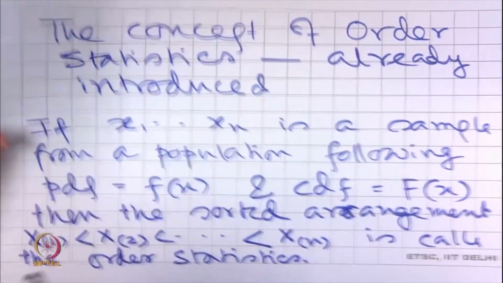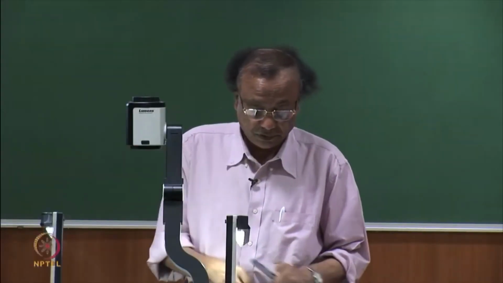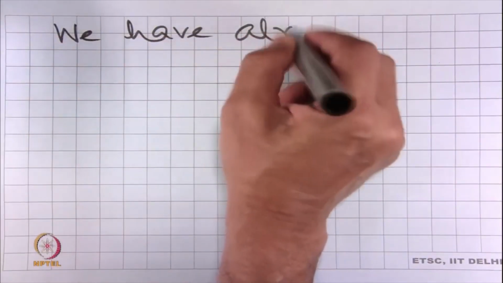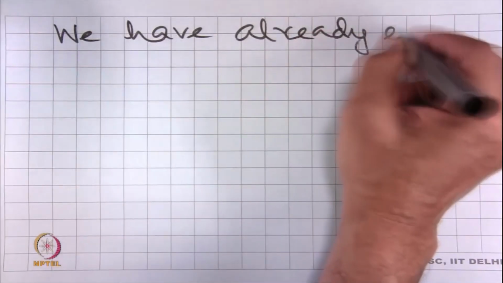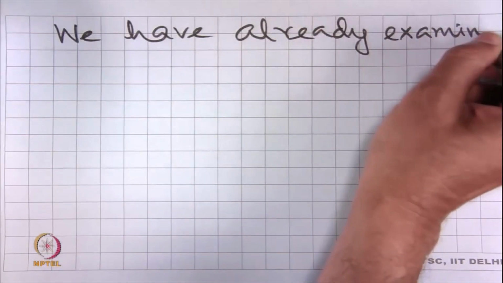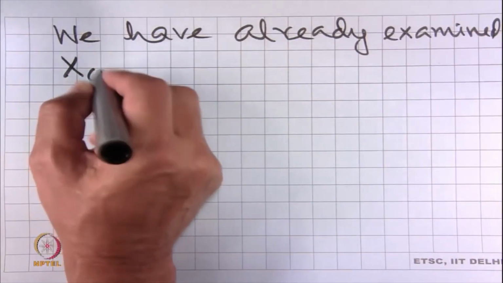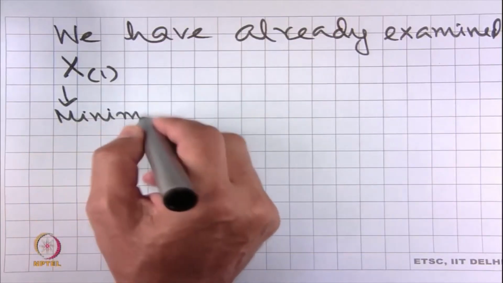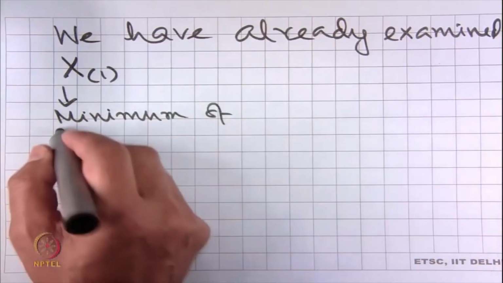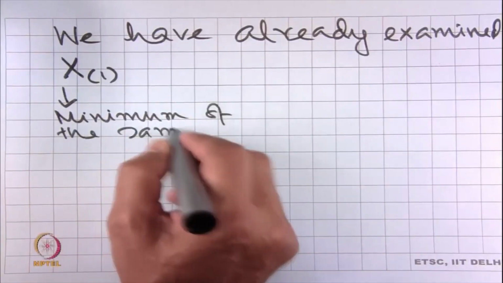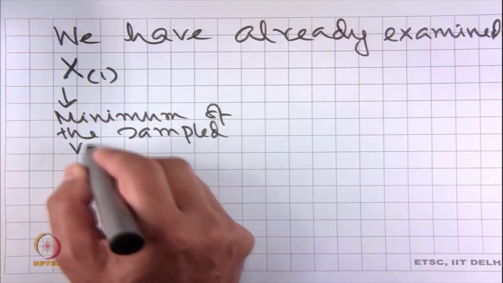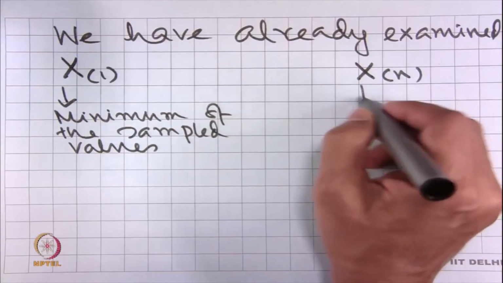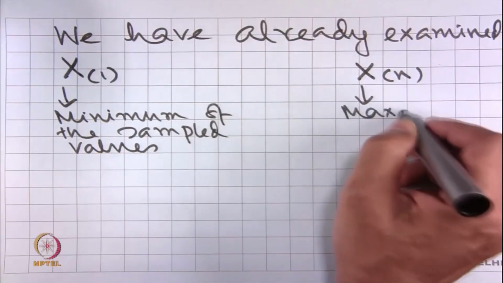In fact, we have already examined X(1), which is the minimum of the sampled values, and also X(n), which is the maximum of the sampled values.